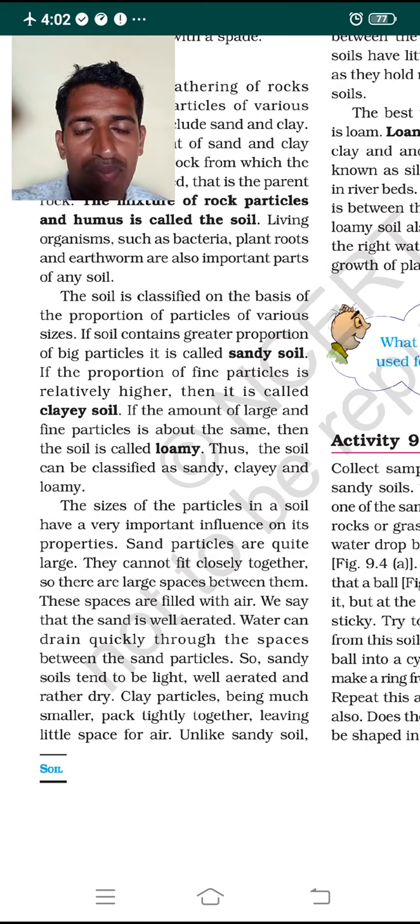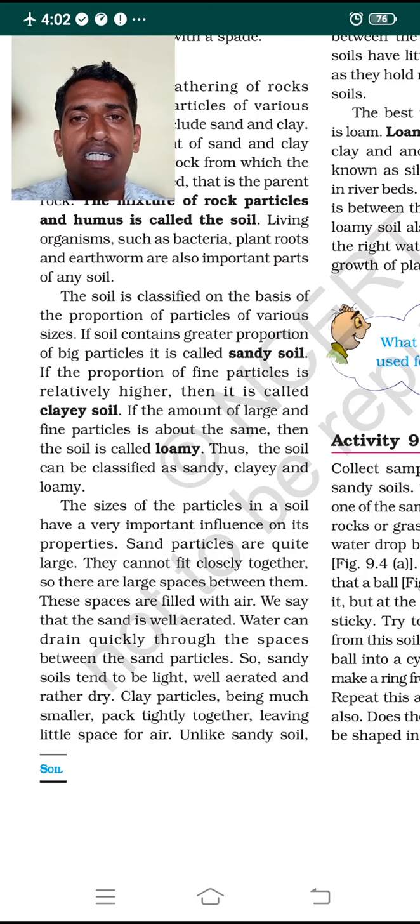So how is it? See, sand particles are quite large. Because of their size, these particles cannot fit closely together.